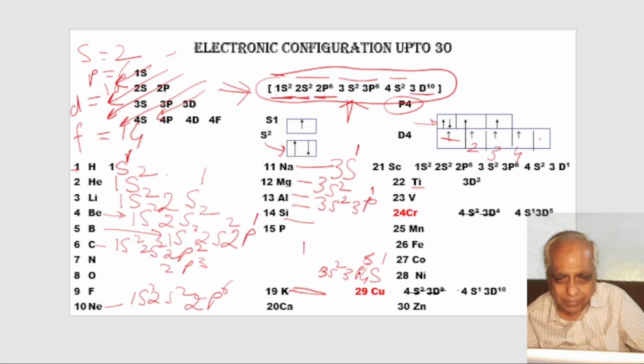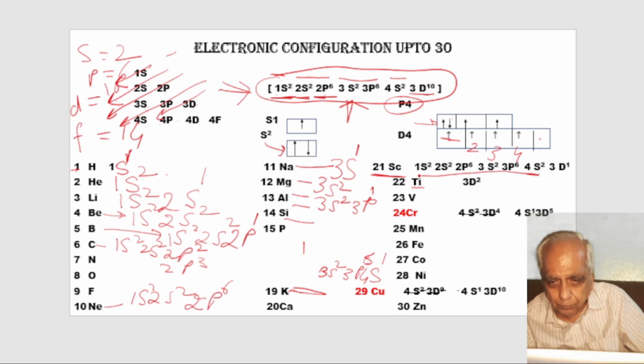Now my 10 are over. Now comes the important thing. So up to 20 it's very simple. Now we are coming to 21. This is my 21, scandium. So up to 20 I have to write in this manner. See 2, 4, 6, 10, 12, 18, and this up to here is 20.